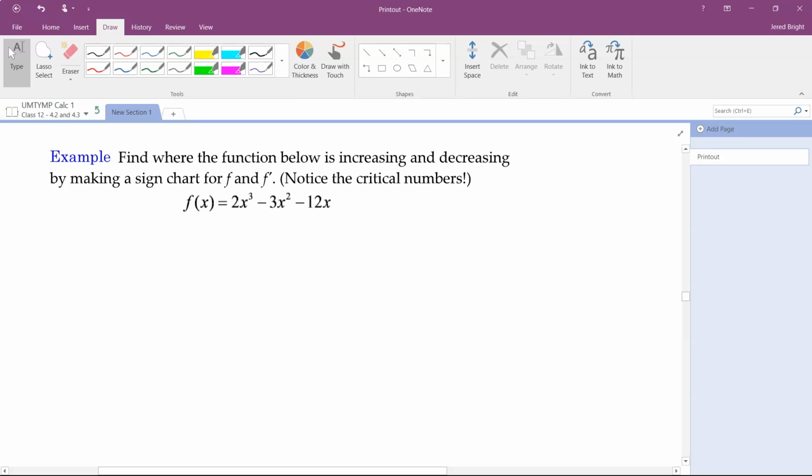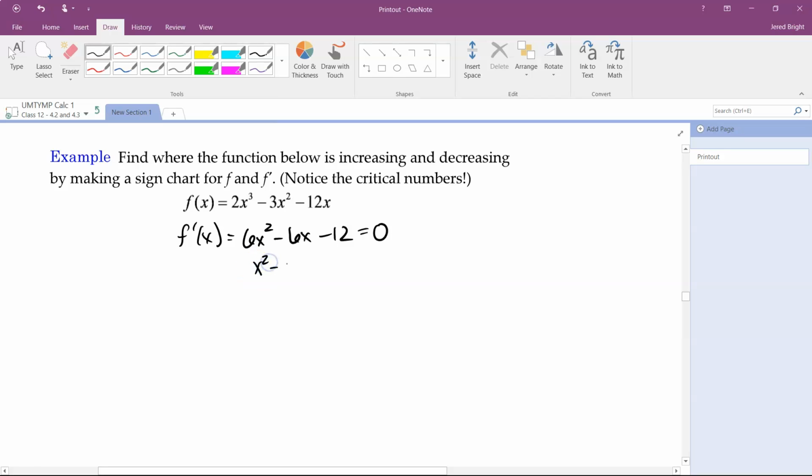Okay, so I need to look at the derivative, right? This is going to be 6x squared minus 6x minus 12. But I want to figure out where it's positive and negative. Wouldn't it be easier just to look at where it is 0? So find where you have critical numbers and remove those.